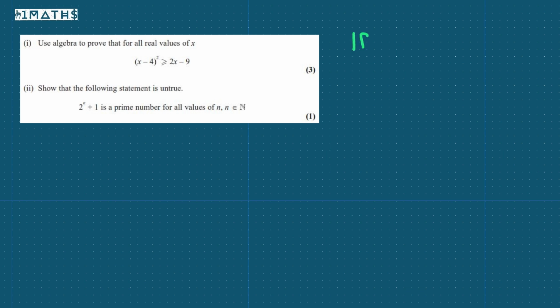Before we start, I would just like to go over the strategy that we might need for some of these questions. For example, this first question here. If A is greater or equal to B, then I can say A minus B is greater or equal to 0.